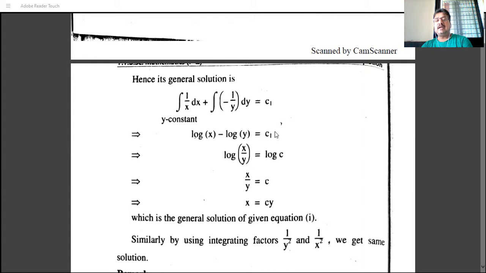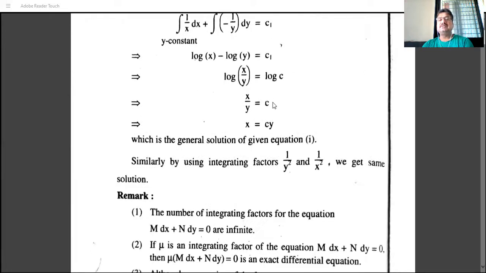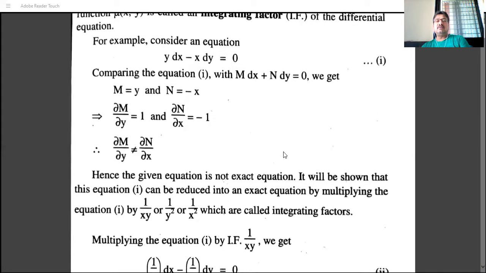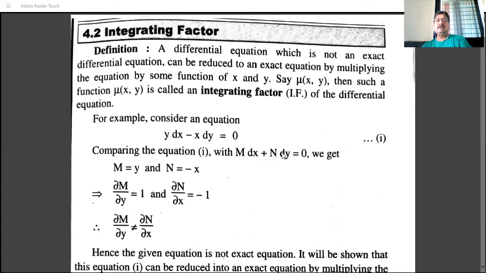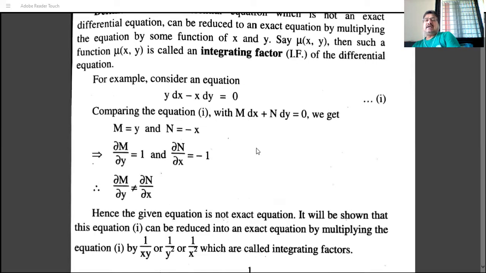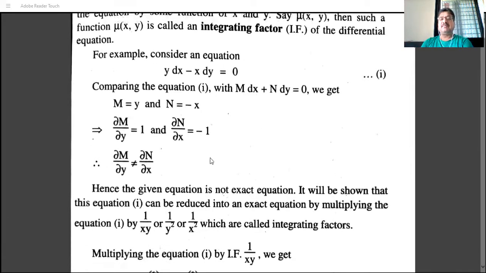Or we keep c1 as it is: log(x/y) is equal to c1 means x/y is equal to e raised to c1, and suppose e raised to c1 is a new constant c. Therefore x is equal to cy, which is the general solution of the given differential equation. So this is how we can solve a non-exact differential equation: the given differential equation is not exact, but it is reducible to an exact differential equation.